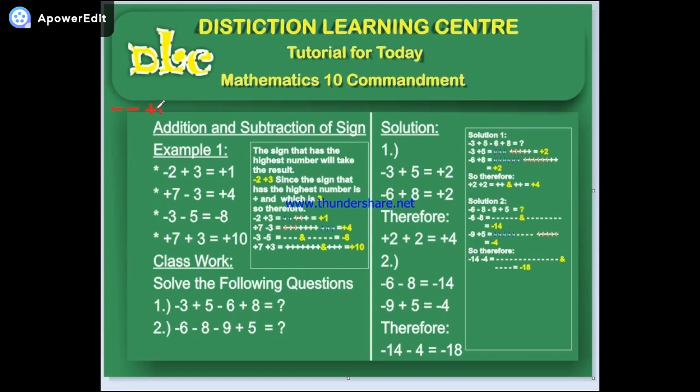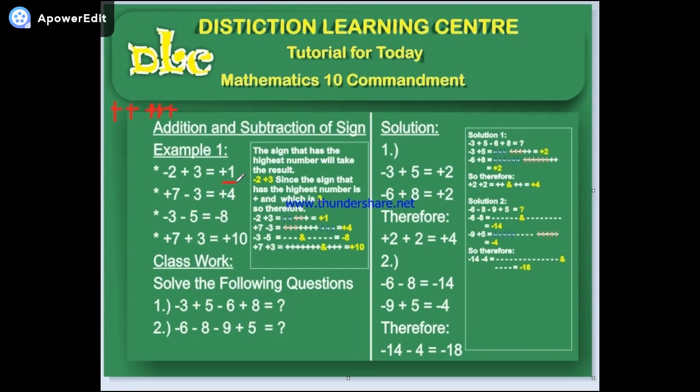Now let the minus cancel the plus. 1 cancels this minus, 1 cancels this. So what is left? It remains only 1 plus. So definitely minus 2 plus 3 equals plus 1. As you can see, it is the most simple.